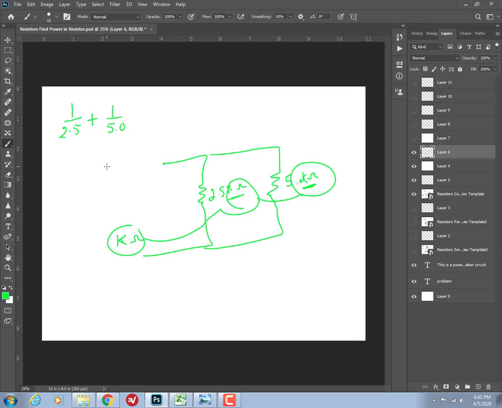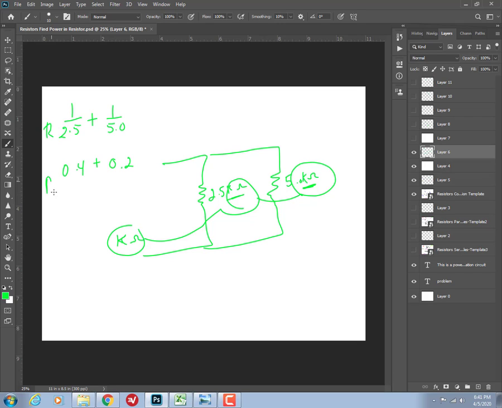So 1 divided by 2.5 is 0.4, plus 1 divided by 5.0 equals 0.2. And we're going to add these. So we did the reciprocal part.